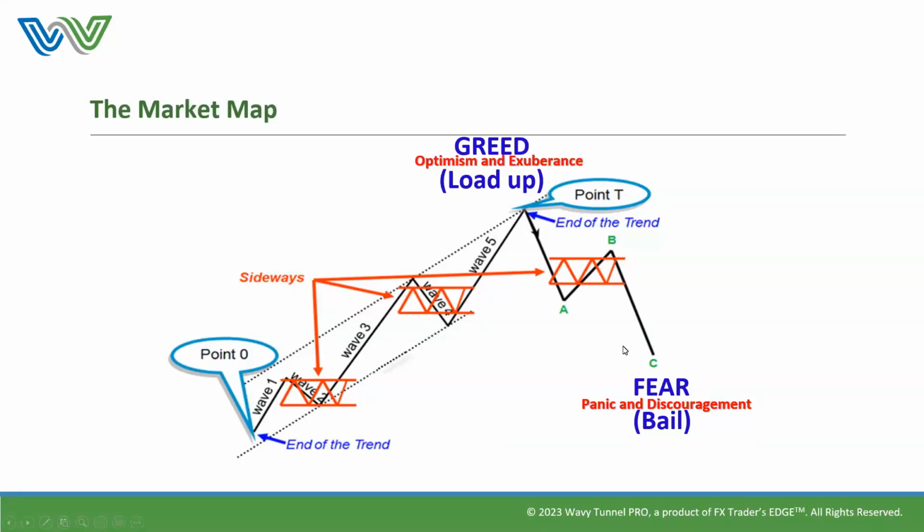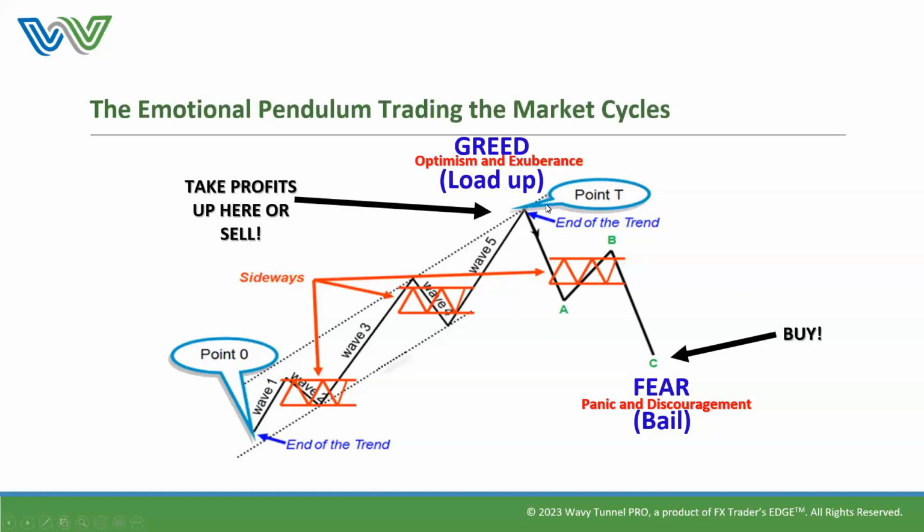And then down here, when we should be buying, fear sets in and we bail, panic and discouragement. We have seen this pattern in really every single stock in the last few months. I'm going to show you this pattern. Up here is when we need to be taking profits or sell. Down here is when we need to be buying.